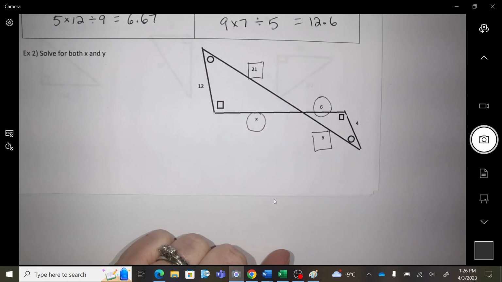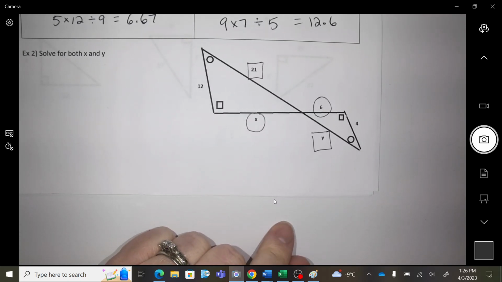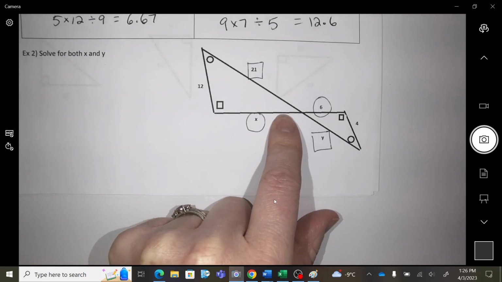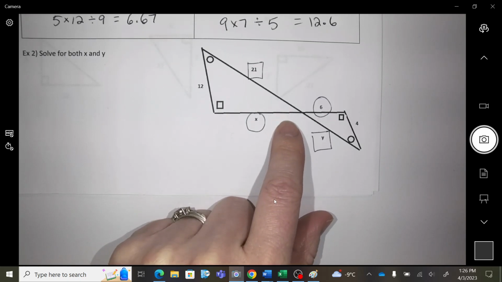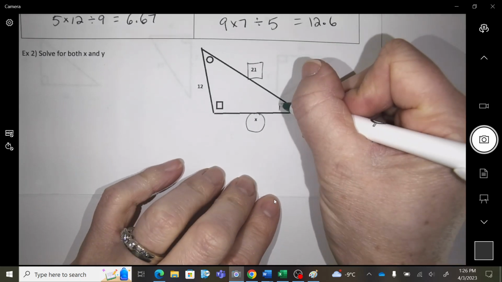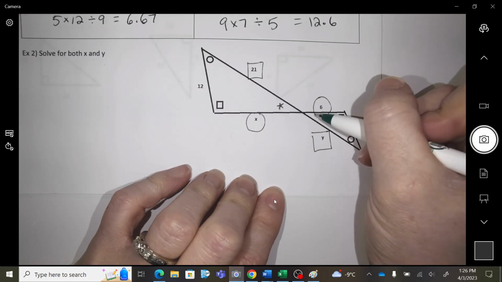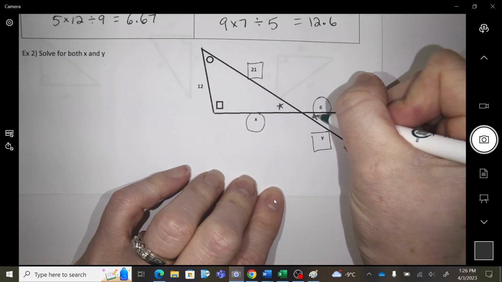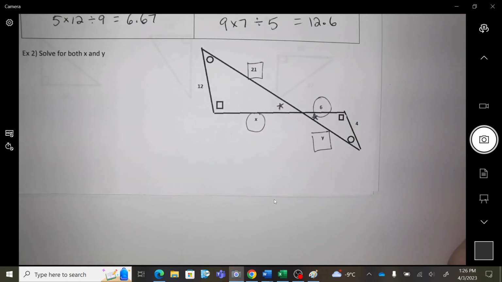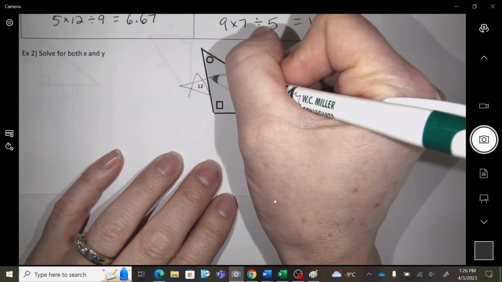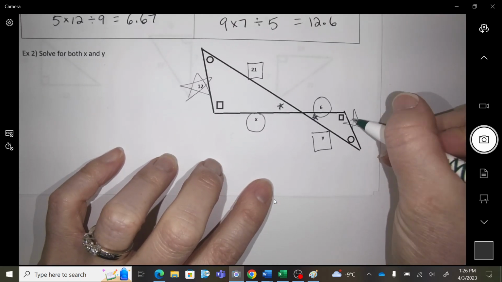Around 6, I would put a circle. There's a third one. A star. So this angle would be a star. If this is a star, what's this one? Also a star. So I'm going to put a star around 12 and 4.